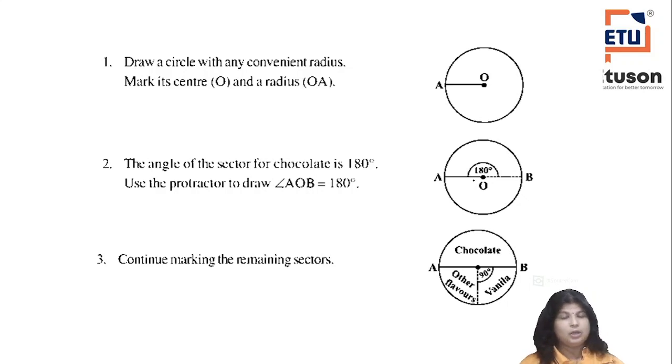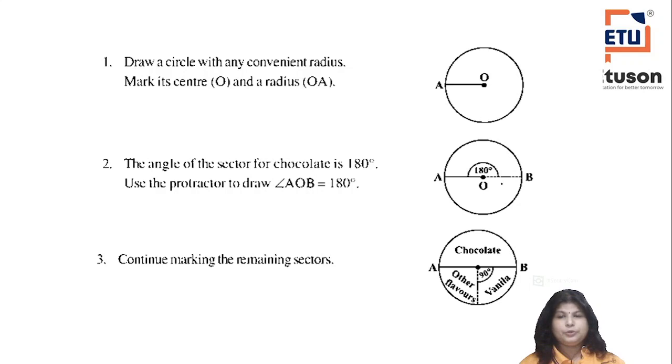I hope in 8th standard you know how to draw the angle using a protractor. At point A, you have to draw 180 degrees aligning one side of the protractor with OA. So that becomes your first sector, that is chocolate.